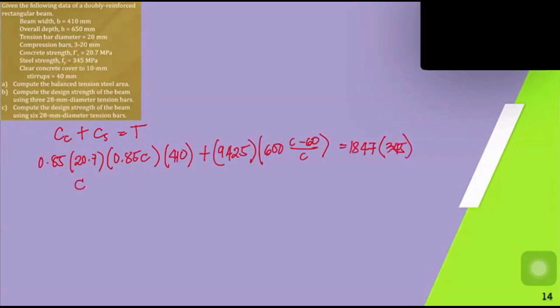So what is now the value of c? I replaced it with fs, because it is 0.85 f'c a b plus As prime fs prime minus As fy. So what is the value of c?